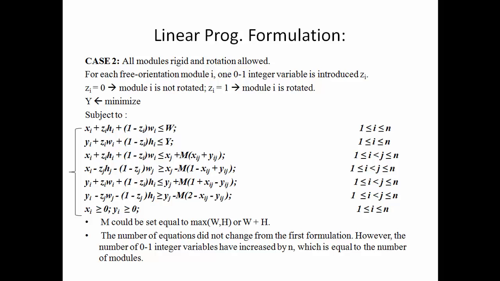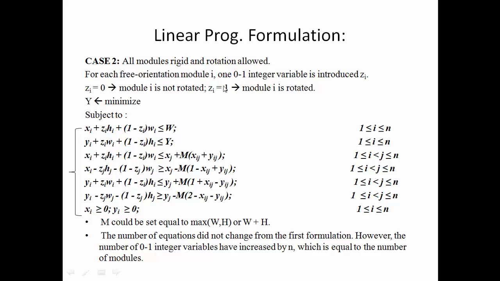We can incorporate it very easily by associating another binary variable with each module. So let us call that variable zi. If zi is equal to 0, it means that the module i is not rotated. It is as was given in the original problem, that is, width is along the x-axis and the height is along the y-axis.